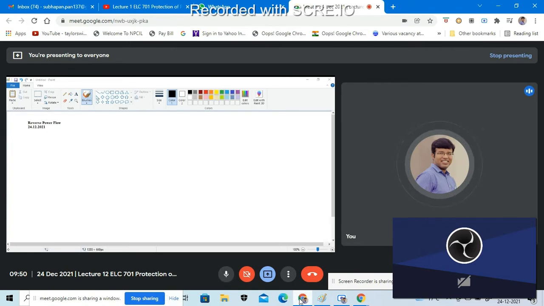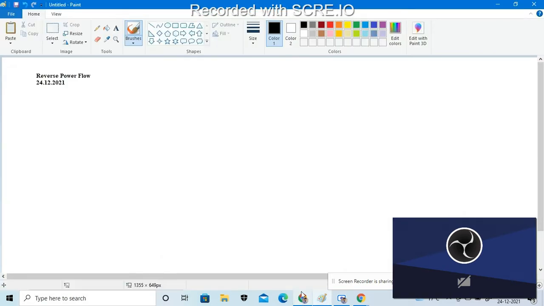Okay, so reverse power relay. In this case I will draw the figure first, then I will discuss a few things associated with the reverse power relay, right? I have two diagrams to draw.